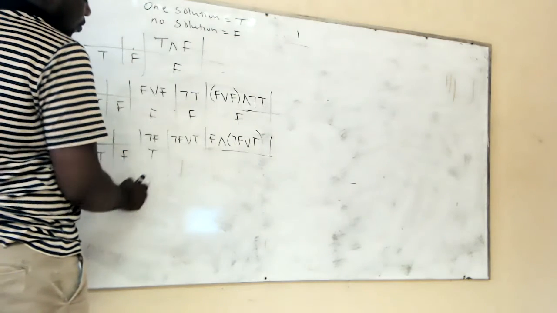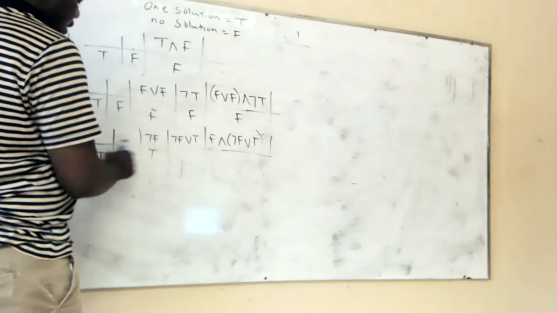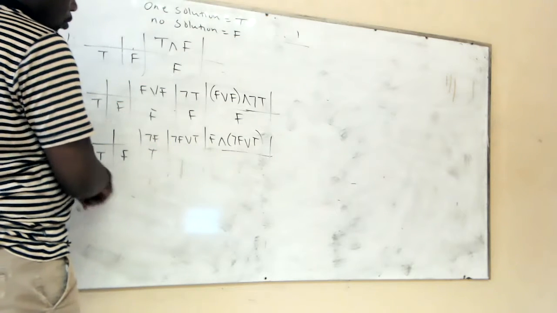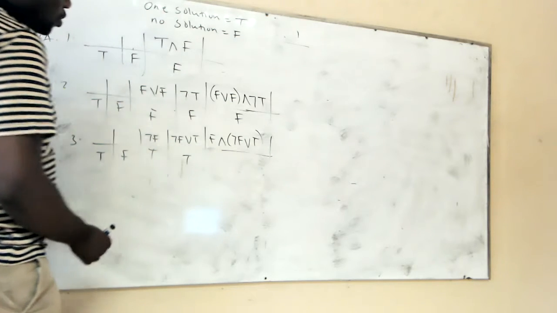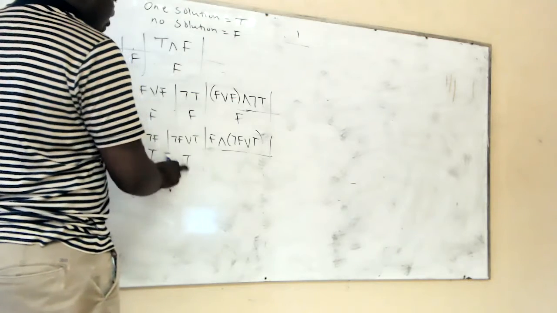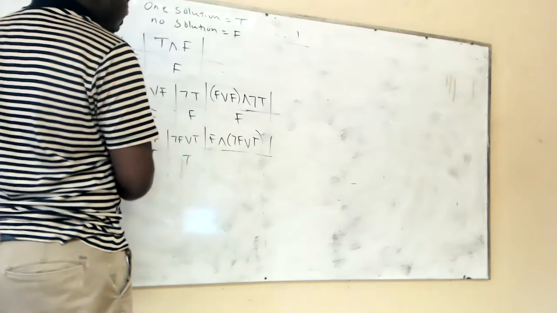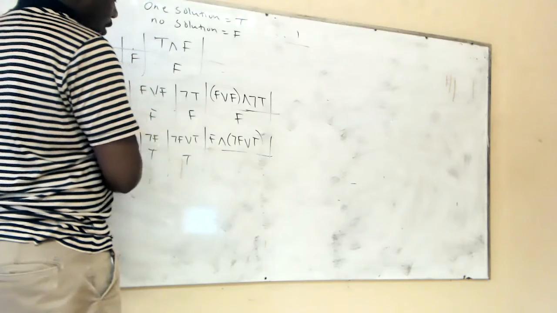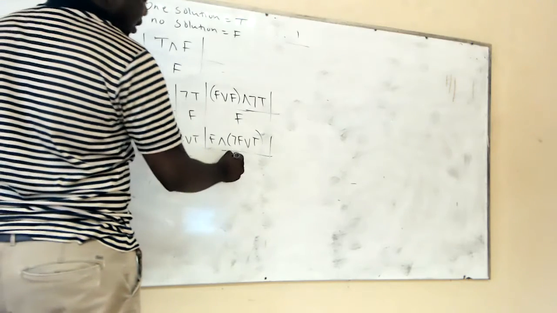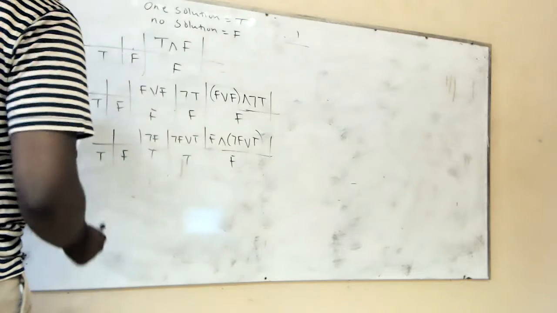Not false for sure has to be true. And then not false or true: not false is true, and then true in this case, so that must be true. After having that, we then have to investigate this with that. With AND, both options must be true. You can see this one is false, which simply tells us that this must be false. So it's not the option.